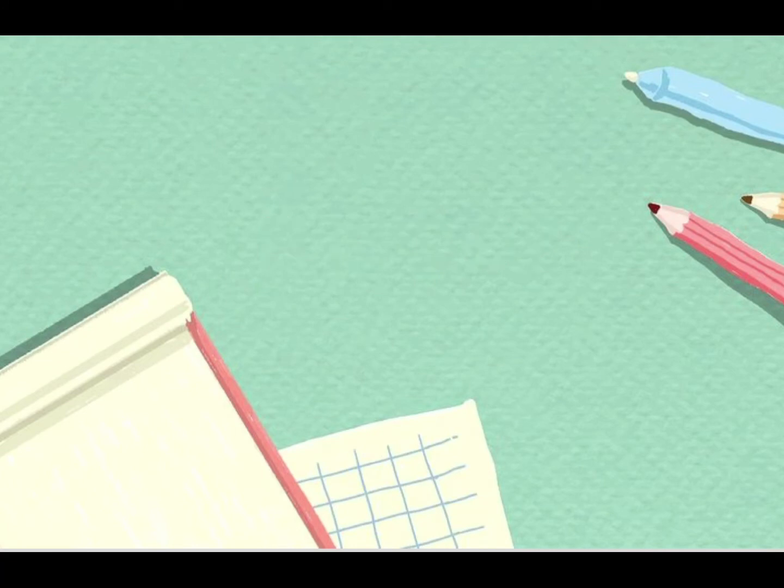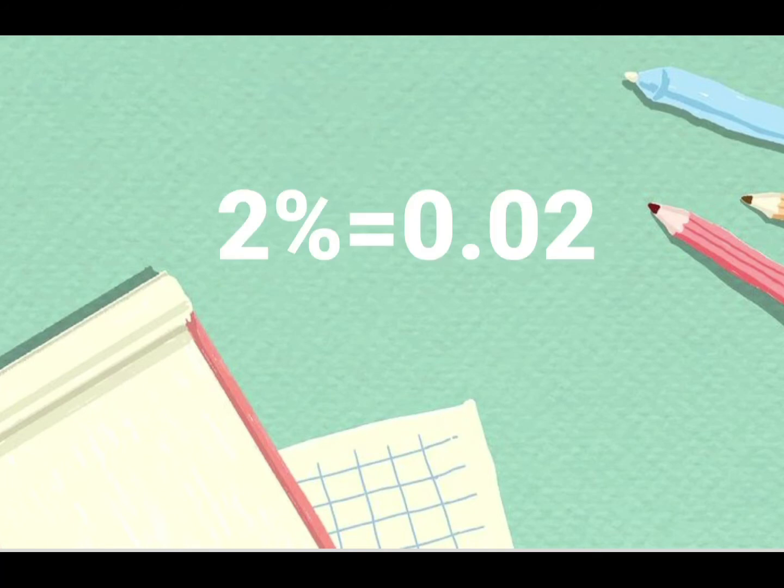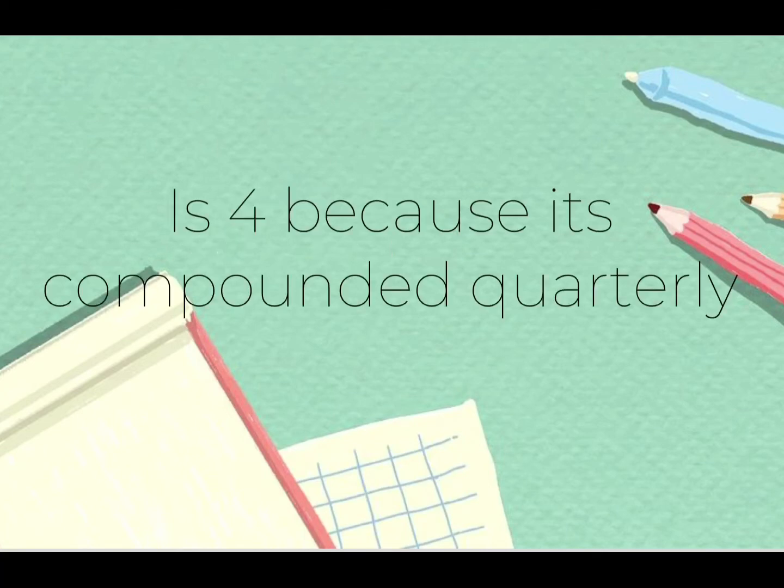So, kaya po naging 0.02 is kinonvert natin into decimal yung interest rate, which is 2%. So, yung T is 1 because of the year. And the conversion period, or M, is 4 because it's compounded quarterly.